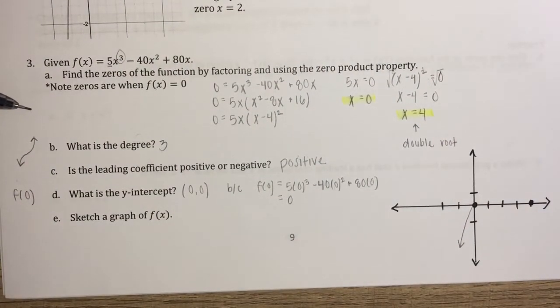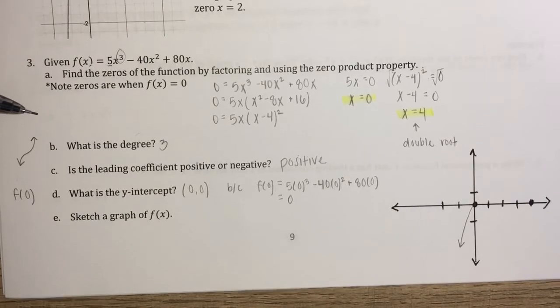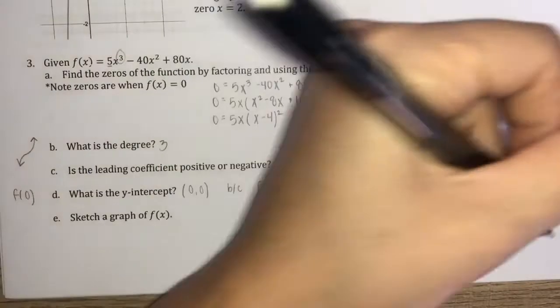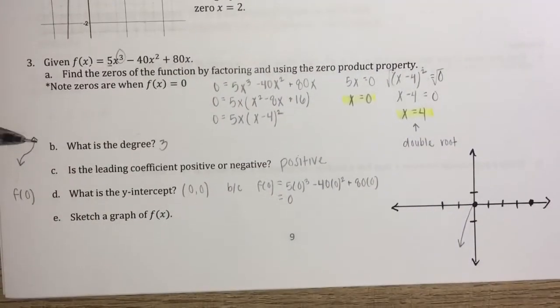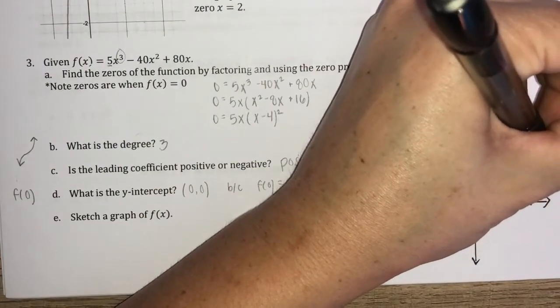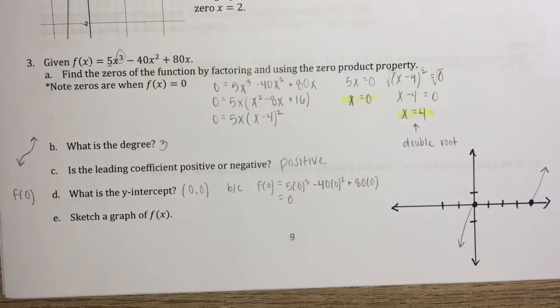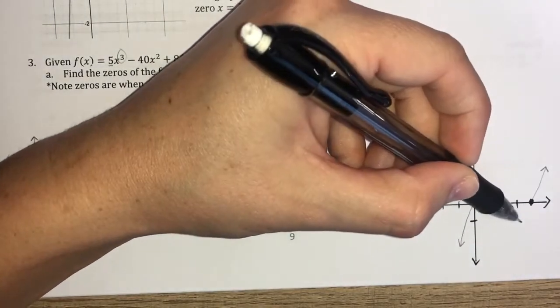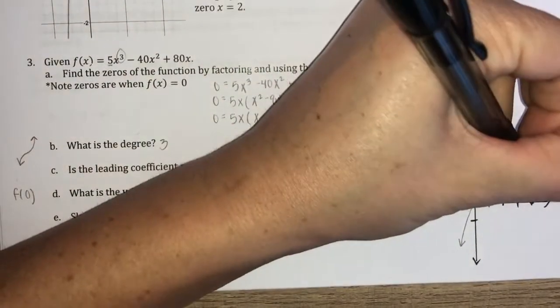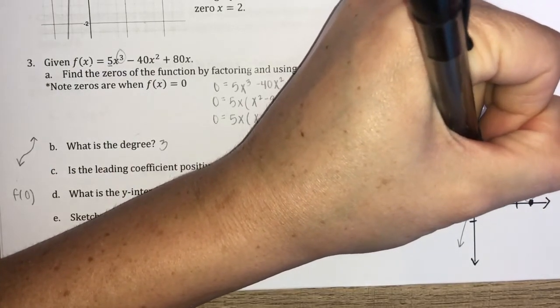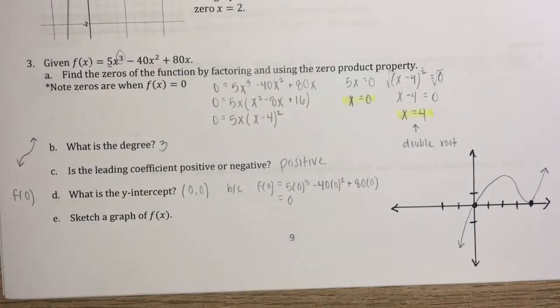But one thing we have to keep in mind is that it's a double root at 4. So that means the function is going to bounce off 4. It's not going to cross through 4. So I know for my rightmost point, it's going to finish off going up. And because I have a double root at 4, the graph isn't going to cross through 4. It's going to bounce off 4 and then come back up and cross through 0, 0.